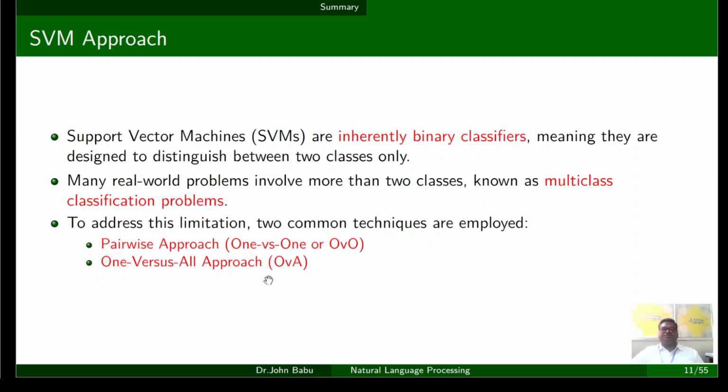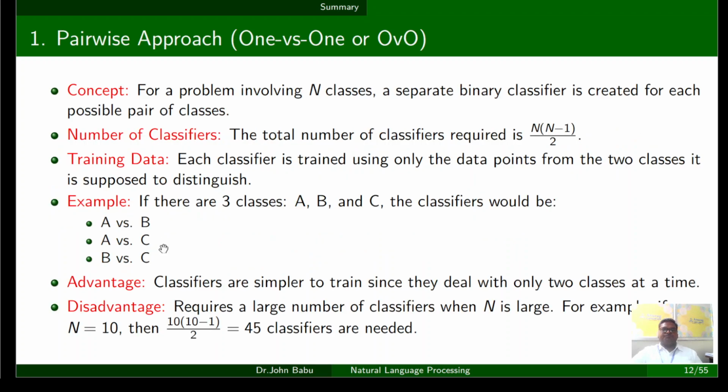Generally, whenever an SVM is used for multi-class classification, there are two approaches. One is the pairwise approach, known as one versus one. Another is the one versus all approach. In the one versus one approach, suppose there are n classes.